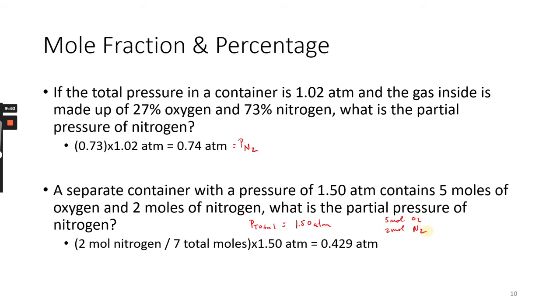What is the partial pressure of nitrogen? So you need to take the moles of nitrogen, which in this case is 2, divided by the total moles, which is 7, times the total pressure, which is 1.5, and that'll give you the partial pressure of nitrogen gas using your mole ratio.